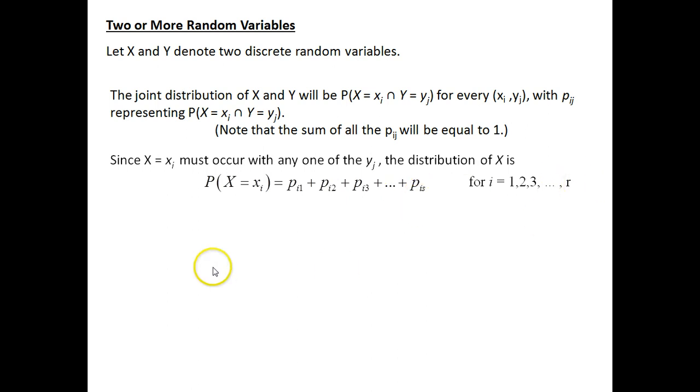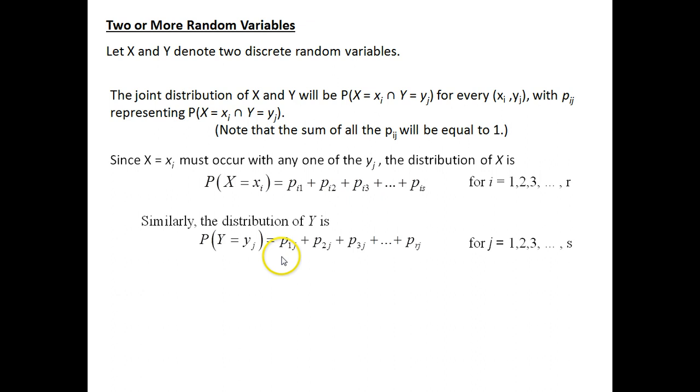Similarly, the distribution of y would be the probability of y equals each yj, for each j, with i being 1, 2, 3, 4 up to r and j 1, 2, 3 up to s.